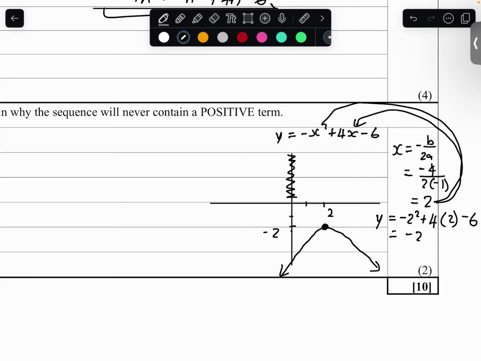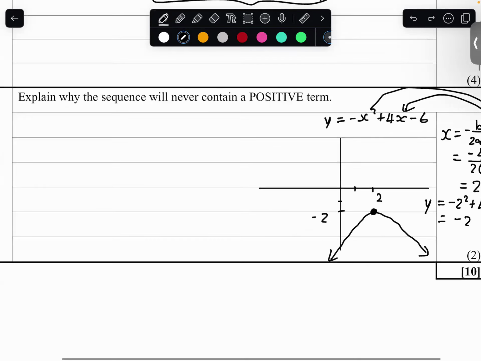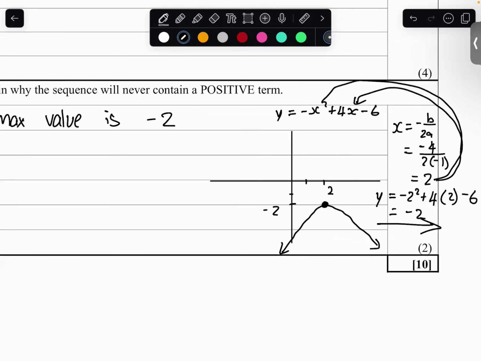These are all the negative terms that it experiences. It doesn't even experience these. So the graph is never going to experience a positive term, meaning any positive y value. It's never going to experience that because its maximum value is -2. Here's its maximum value. So you say its maximum value is -2.